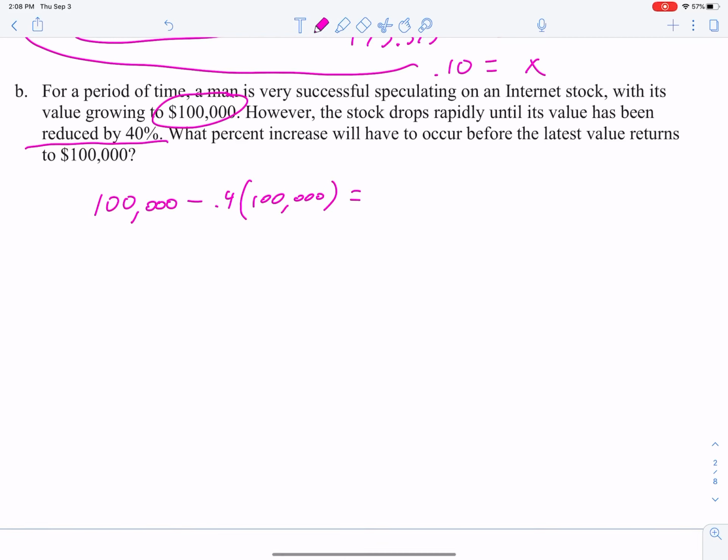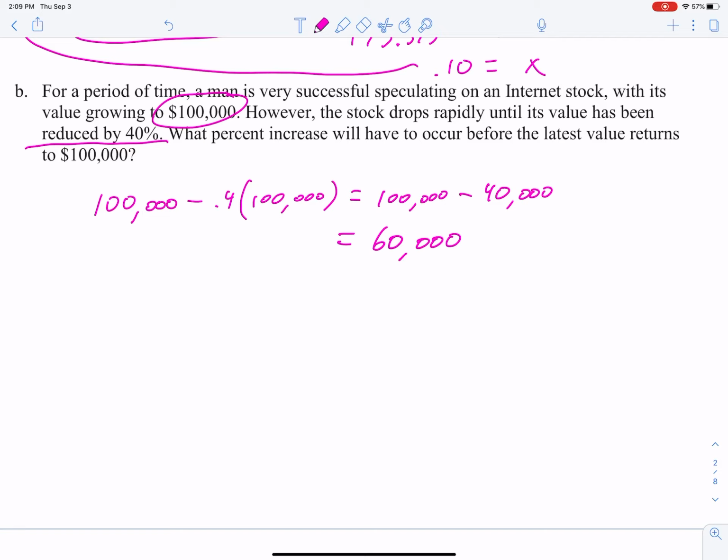So that's going to be 100,000 minus 40,000, which equals 60,000. That was just the first part, just figuring out what his $100,000 is now worth. It dropped down to 60,000.